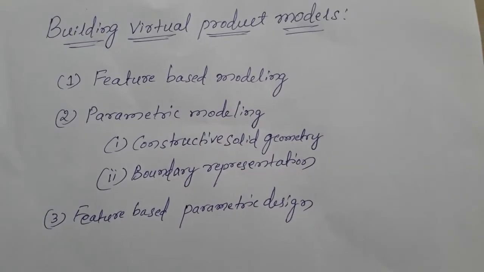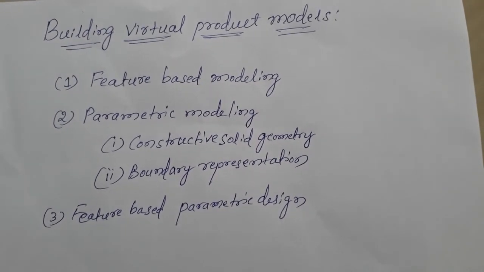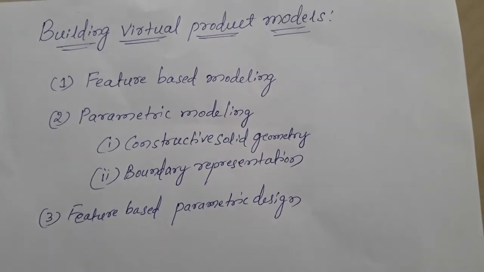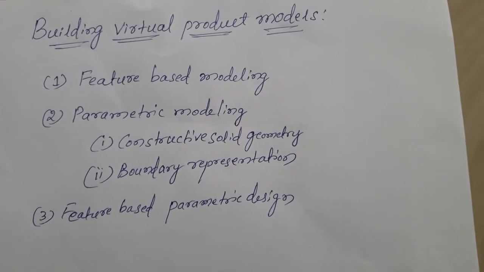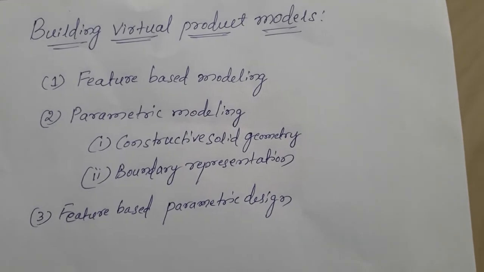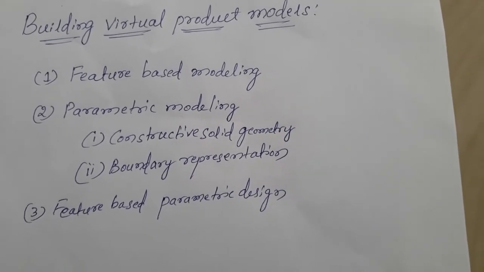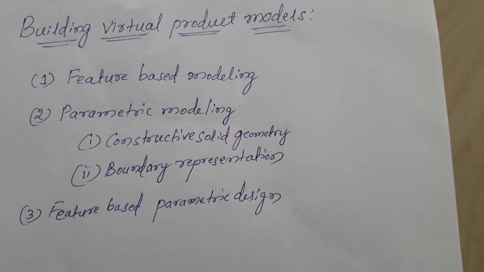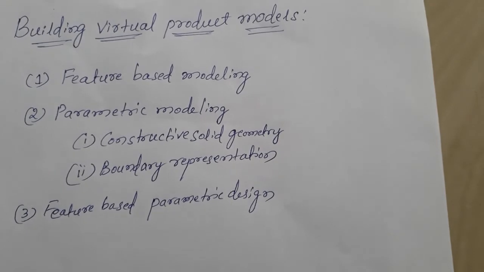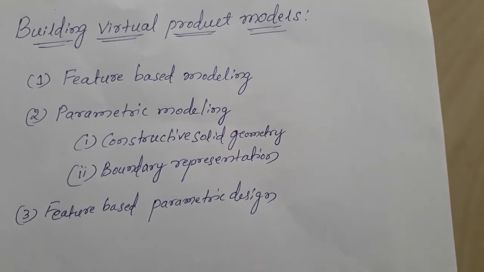So this is called feature based modeling. Next is parametric modeling. Parametric modeling generally involves building up 3D geometry piece by piece, means single component by single component. This uses 2D sketches that generally involve lines and curves.